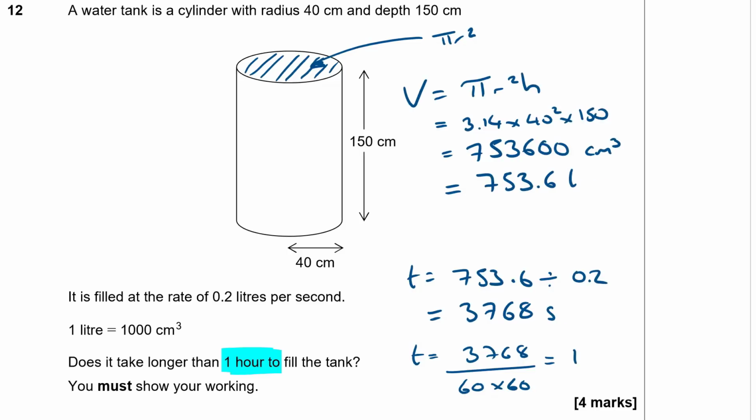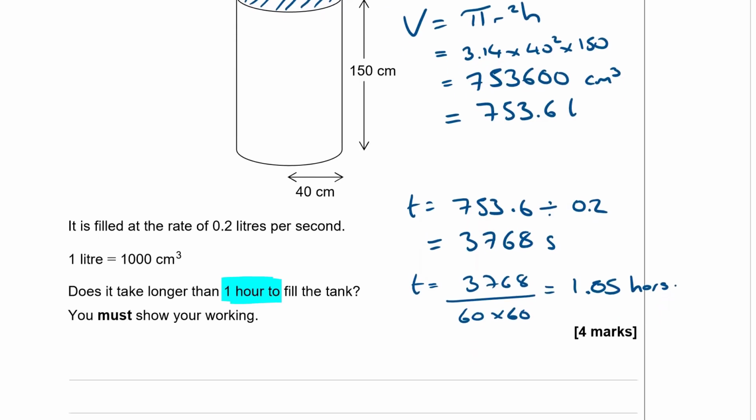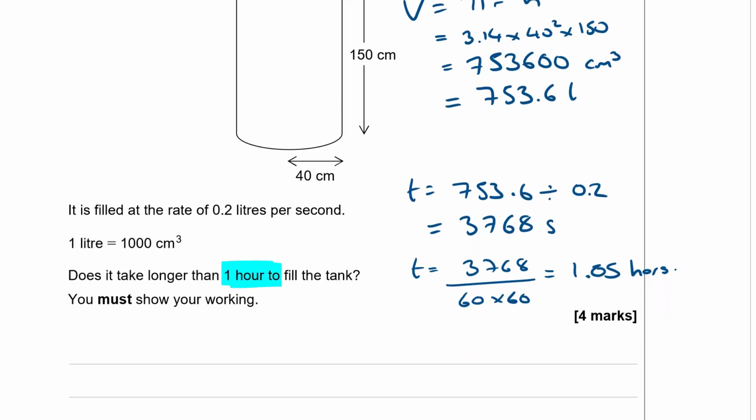So that's 1.05 hours. Okay, so does it take longer than 1 hour to fill the tank? Well, yes it does, because it takes 1 hour and 0.05. So the answer is yes, it takes longer than 1 hour.